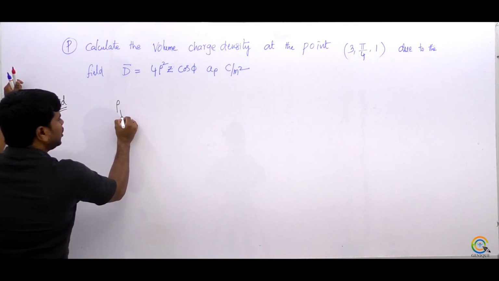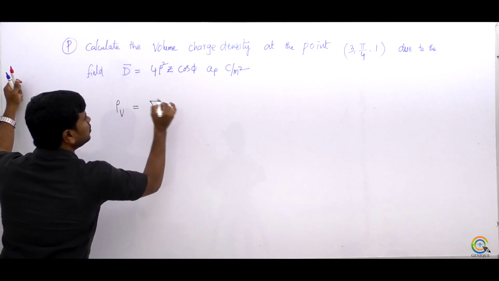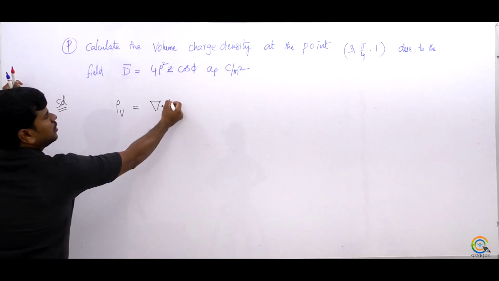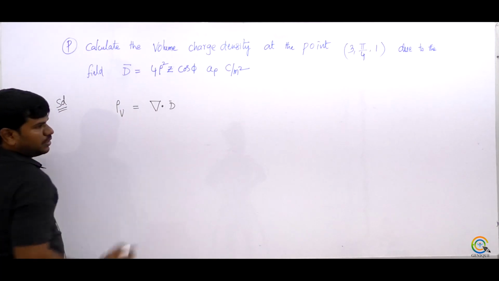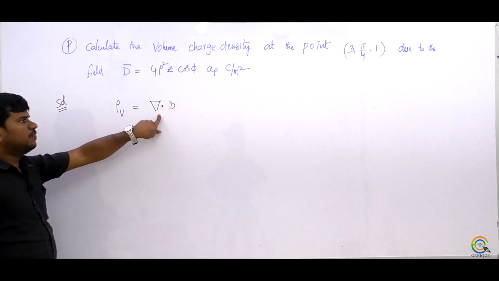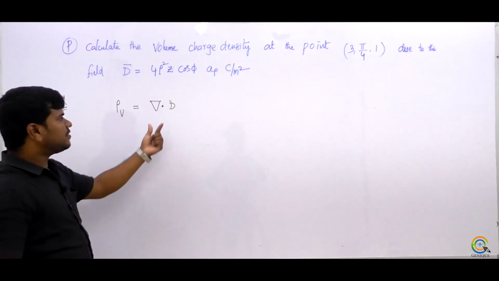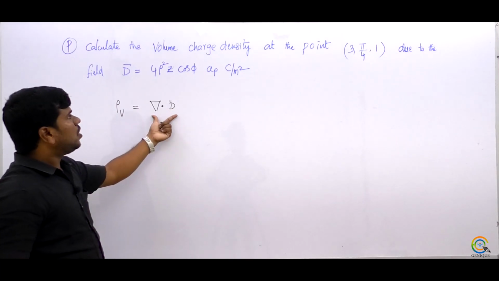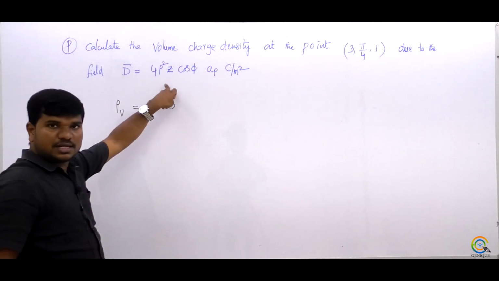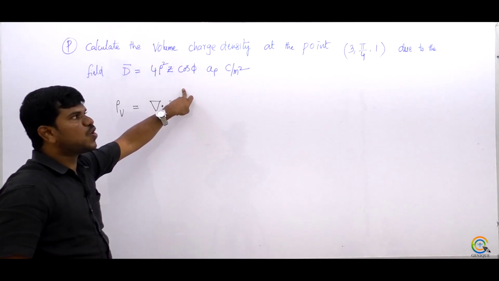Volume charge density rho v is calculated as del dot D is equal to rho v, right? Del dot D equals rho v, but del dot D means what? It is the divergence of the electric field intensity. But D is given in the cylindrical coordinate system. Okay, the cylindrical coordinate system.